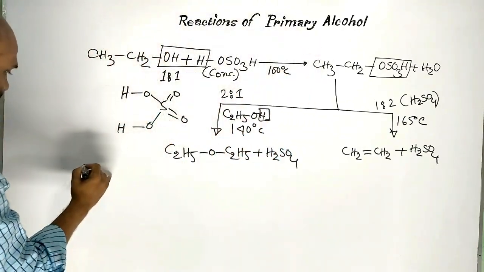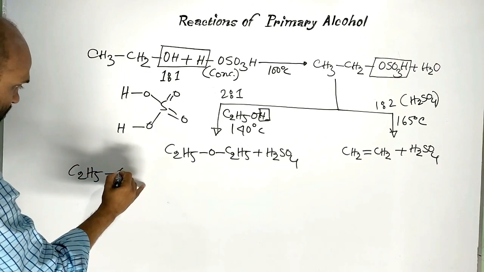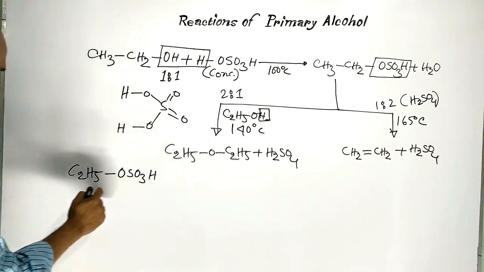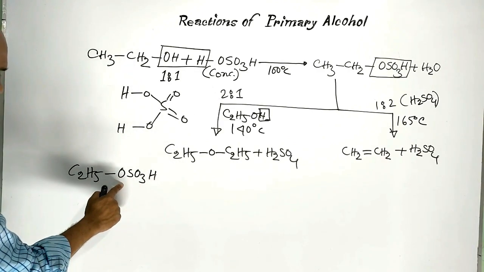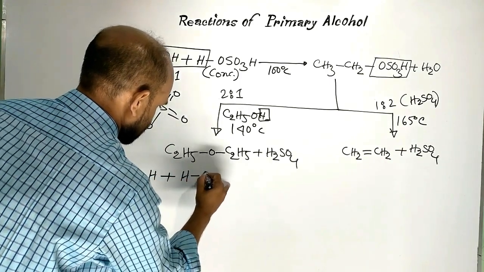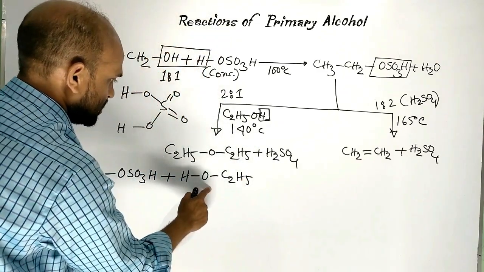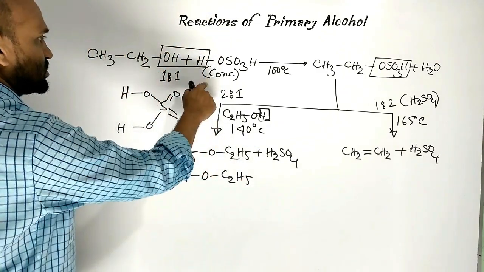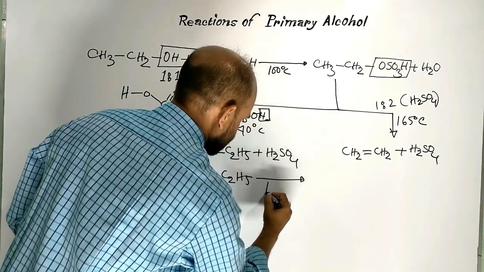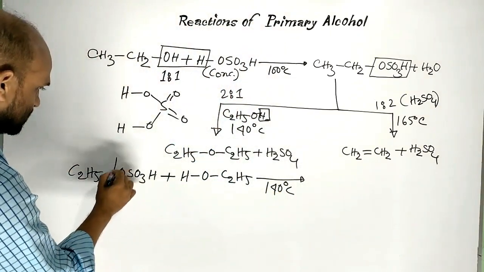Ethyl hydrogen sulfate, C2H5-O-SO3H, ethyl hydrogen sulfate, and ethanol. Ethanol is double than concentrated sulfuric acid. The reaction is heated at 140 degrees Celsius temperature.